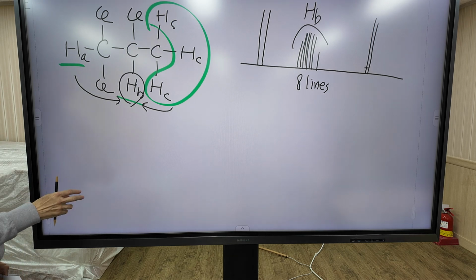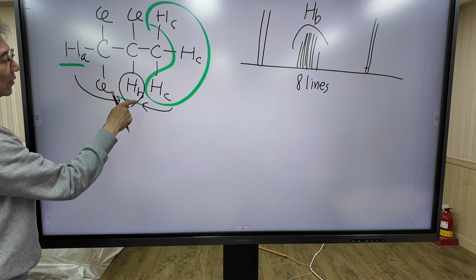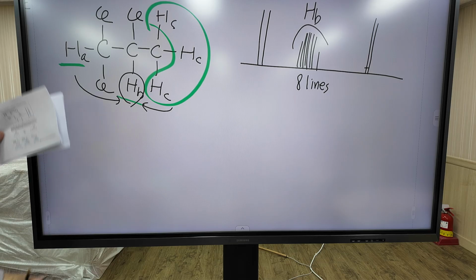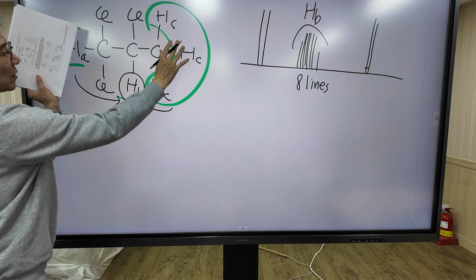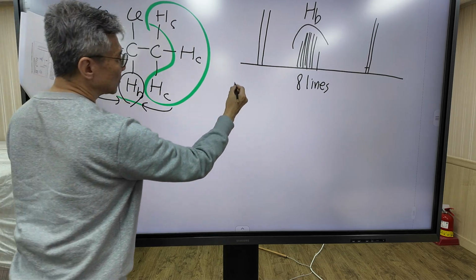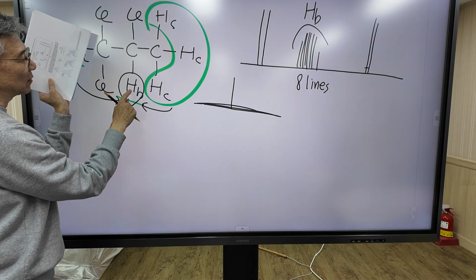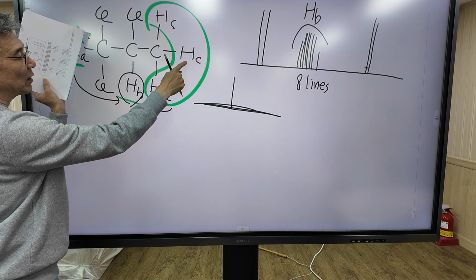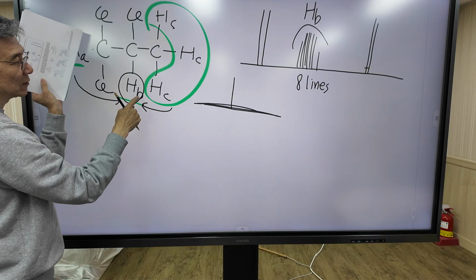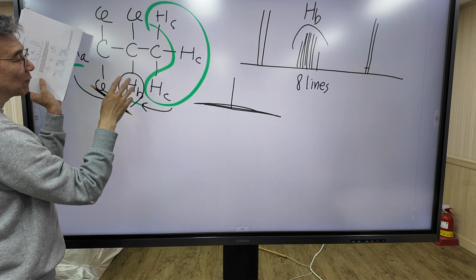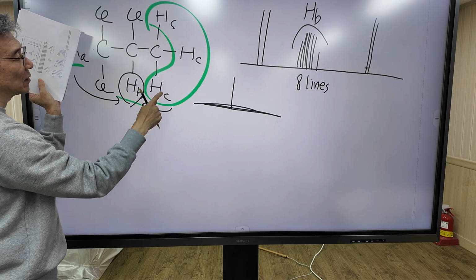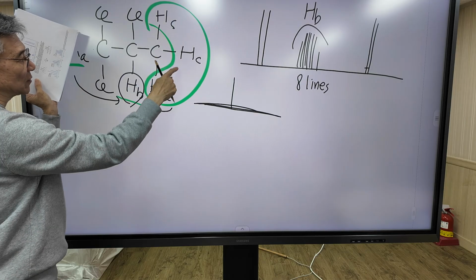So I'm going to analyze the coupling of the HB proton. First, without these protons, only a single line would be shown. But HB is coupled to 3 equivalent protons, so I first analyze the splitting by the 3 equivalent protons.